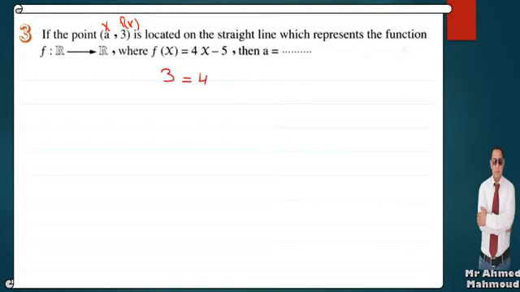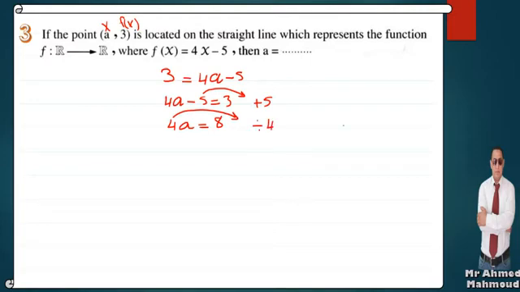It will be 4a minus 5. Then I will switch the equation, then 4a minus 5 equals 3. Send 5 there, then 4a equals 3 plus 5, which is 8. Then I will divide by 4, therefore a equals 8 divided by 4 equals 2.